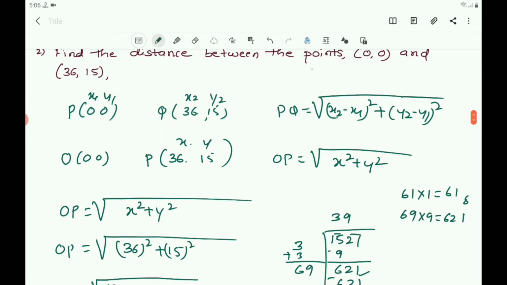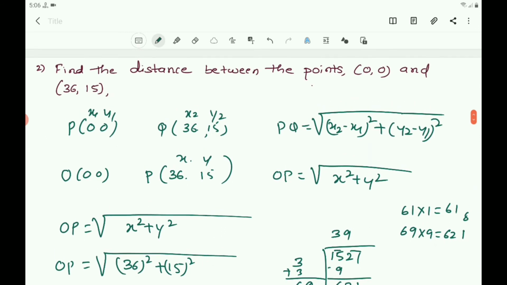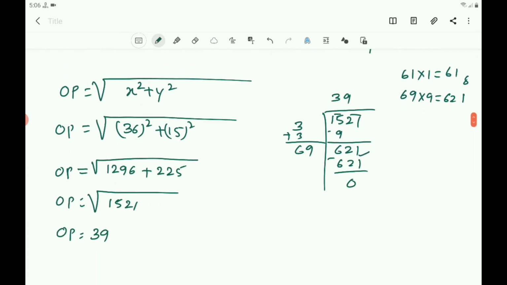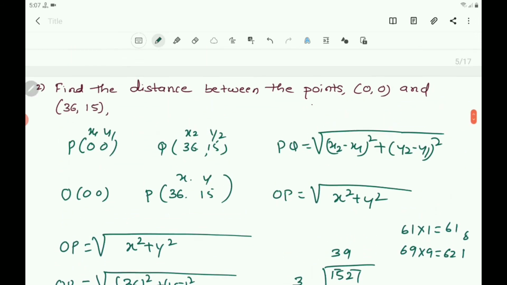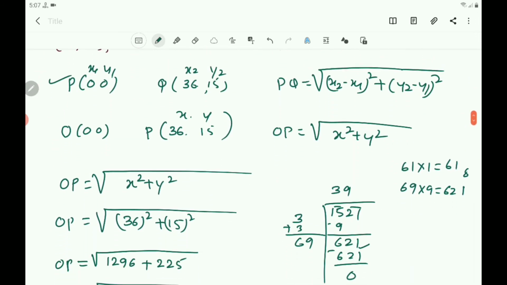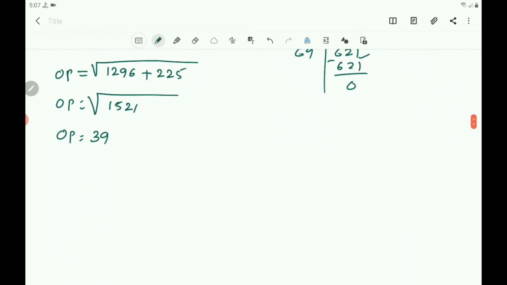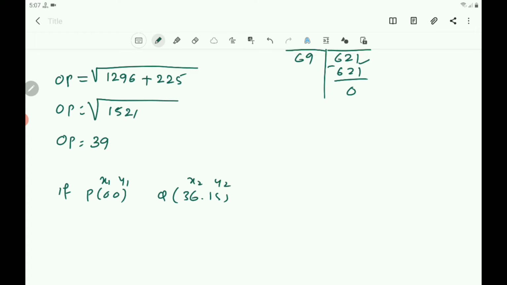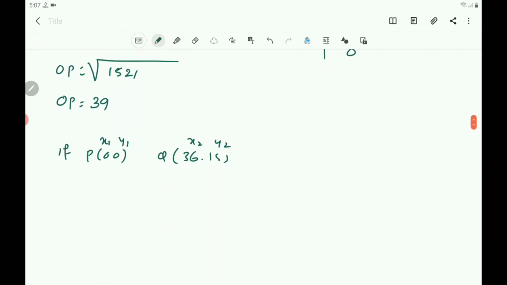Therefore the distance between the points 0 0 and 36 15 is 39. Or you can use this P and Q, x1 y1 x2 y2. Take P of 0 0 and Q of 36 15, where it is x1 y1 and x2 y2. You can use any one method.